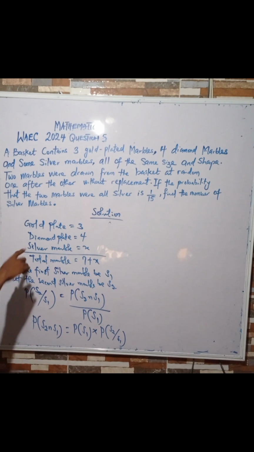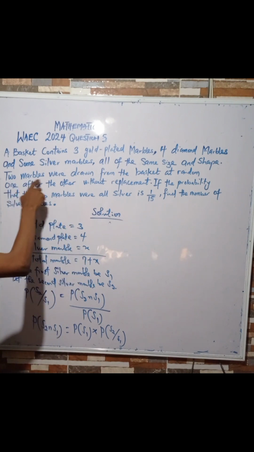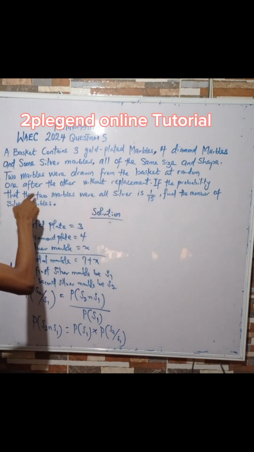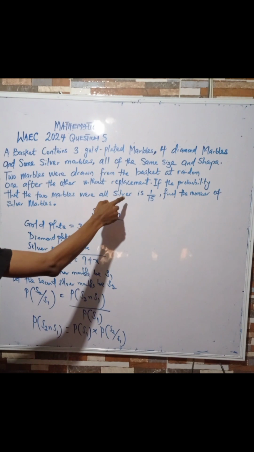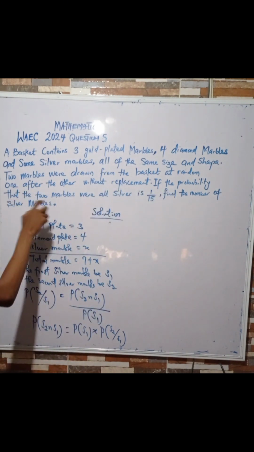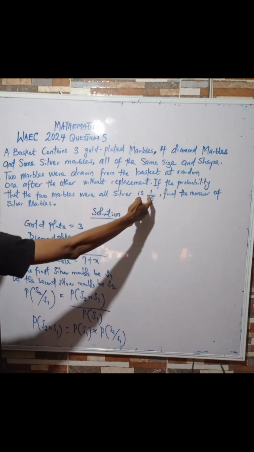If I read this question further, you will observe that we were told that these two marbles were drawn from the basket at random, one after the other without replacement. The probability that the two marbles were both silver is 1/5.